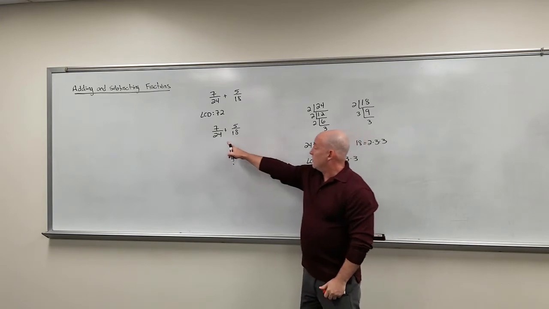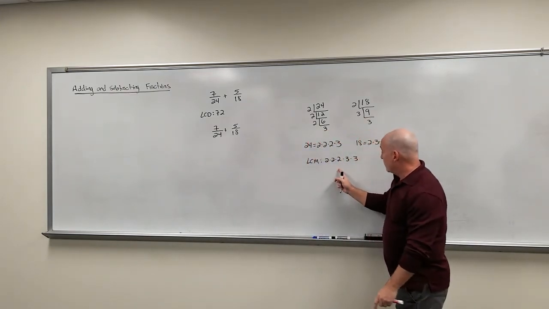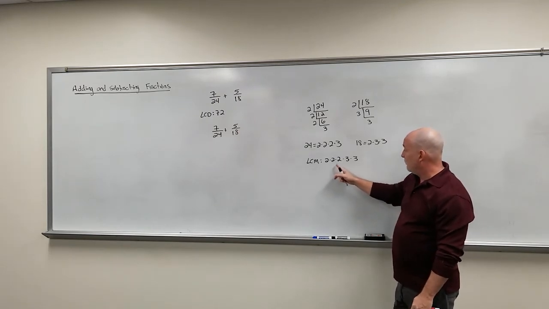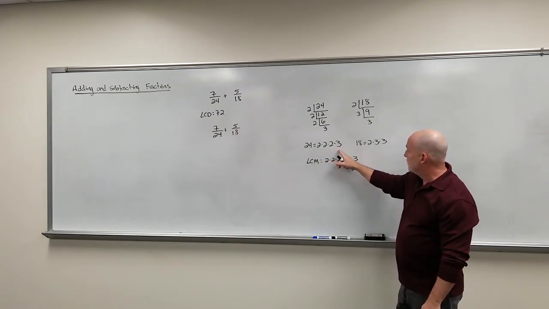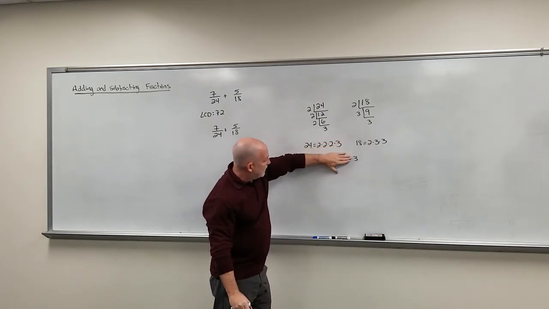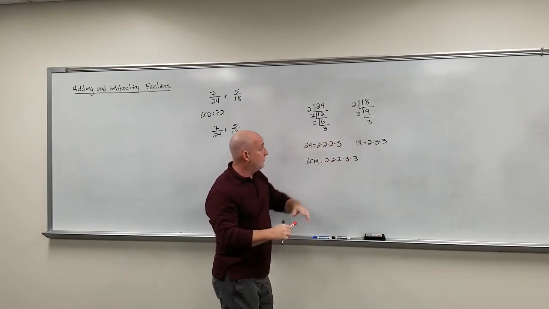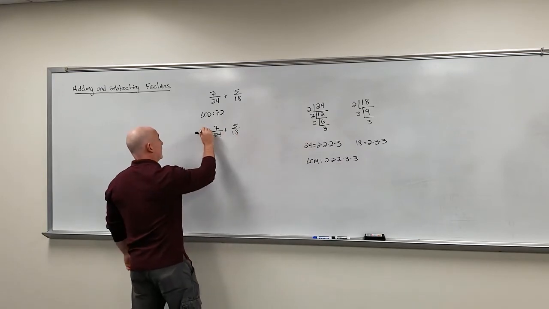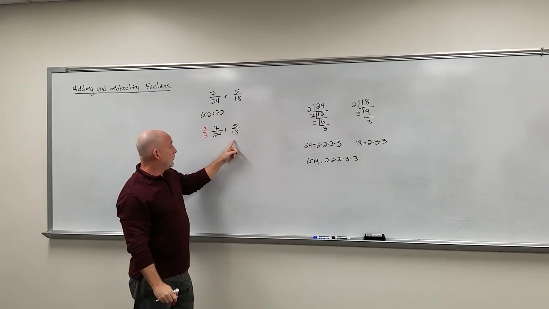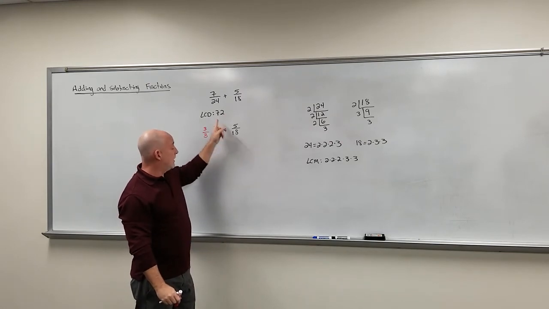Since we already have the 24, if we go over to our least common multiple and cover up all the numbers that it takes to make a 24, what do we got to cover up? 3 2s and a 3, so I'm actually going to switch back over here. If we cover up 3 2s and a 3, what do we have left? Just a 3, which I'm going to have to multiply the top and the bottom of this one by 3.